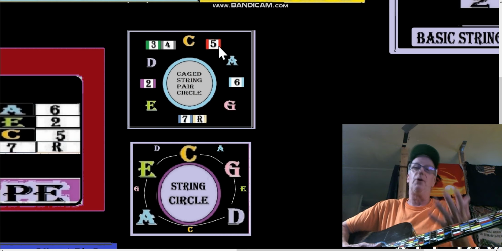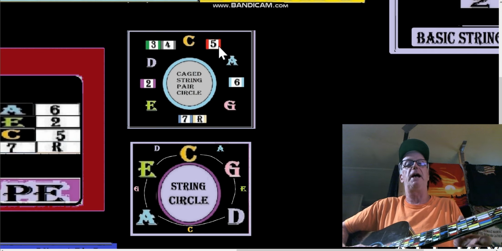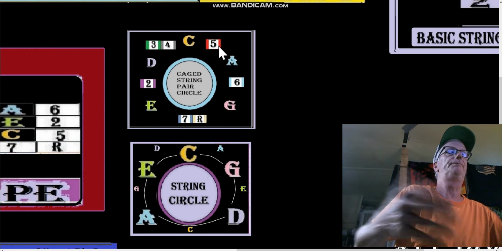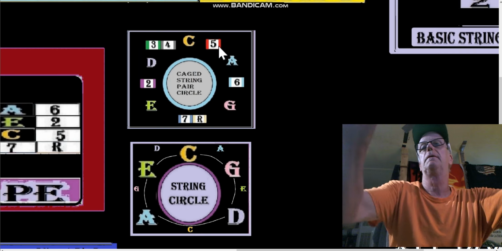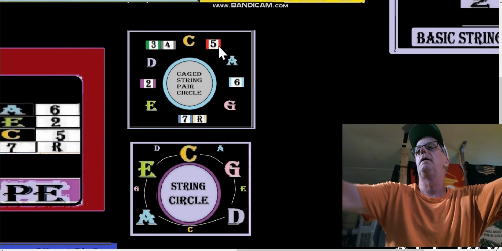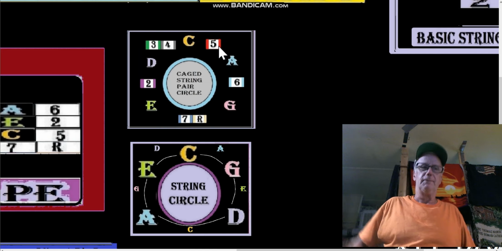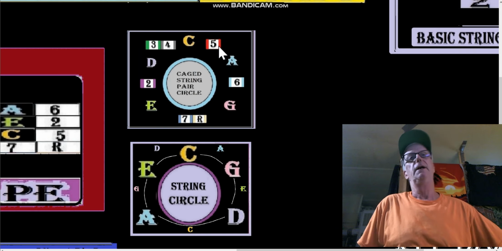Now look, I was taught it's easier to play keys that have more accidentals, such as A flat. It is, because it gives you a little more balance, a little more stability.